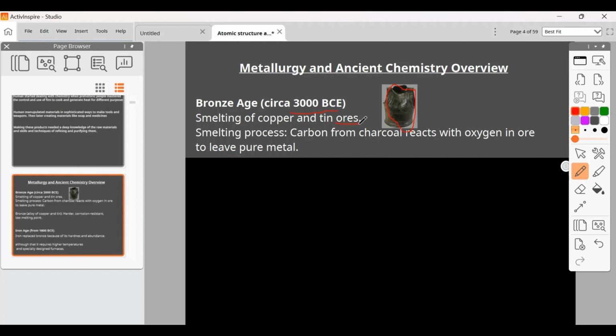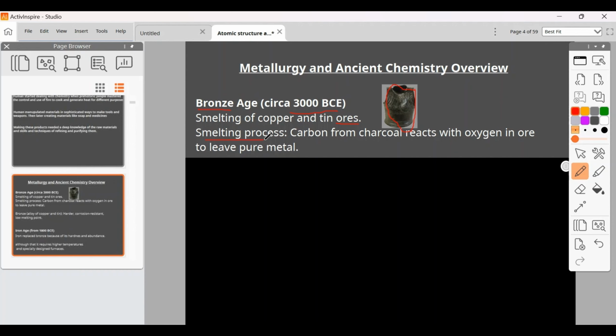And ores are naturally existing rocks that contain minerals, metals. So copper and tin together make an alloy, which is called bronze. And the first use of bronze was called the Bronze Age.